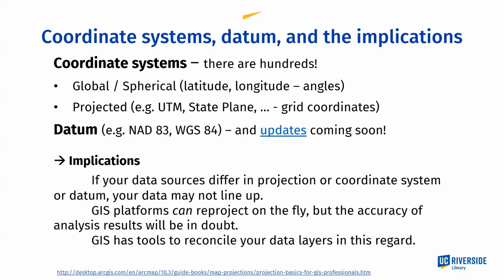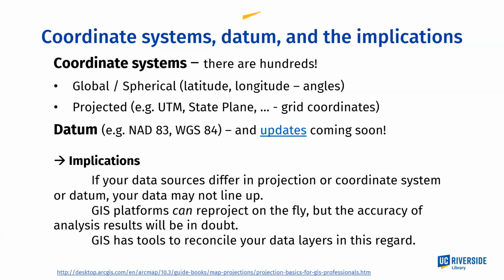You'll also hear the word datum as we go along with coordinate systems. The ones that we've been using in the last several years have been called NAD 83 or WGS 84. A datum pretty much relates the conceptual cylinder, as you will, or the cone that we've created in the projection to the imperfect surface of the globe.